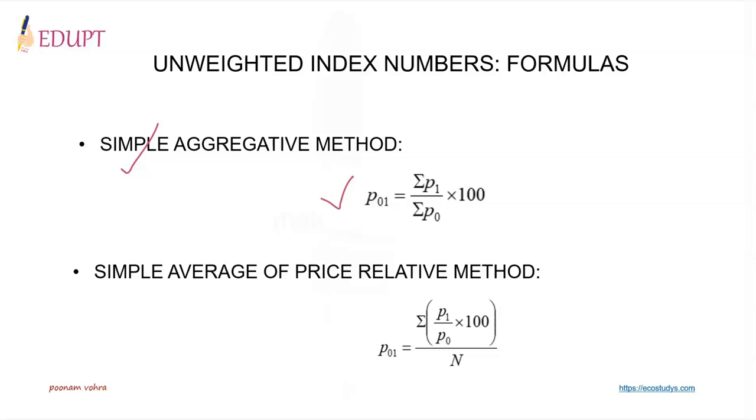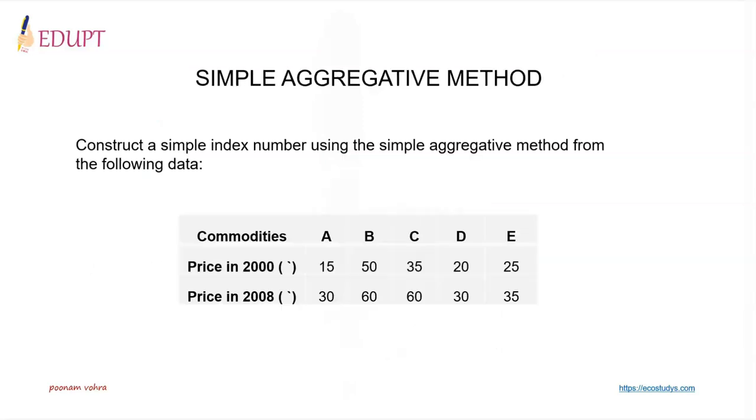P0 is the prices that exist in the base year, P1 the prices that exist in the current year. Second method is the simple average of price relative method. Here you find summation of P1 by P0 into 100, divided by N. Now have a look at the illustration.